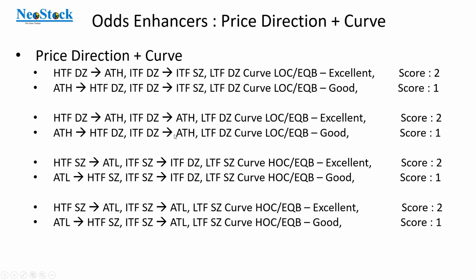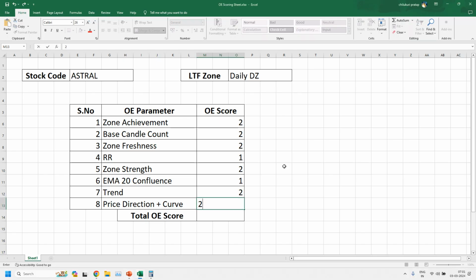So at the time, we always trade in favor of ITF. That's why we can take the trade, but the score is reduced to 1. That is the difference between these two. Now currently our stock is supporting the first one out of these two. Actually, this is the third point in this list and suggested 2.